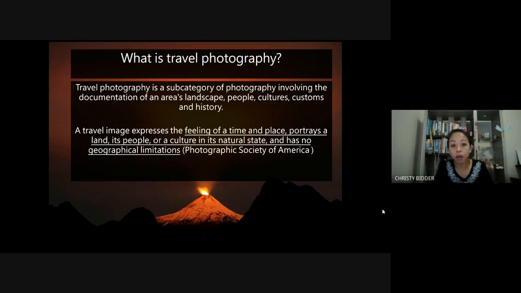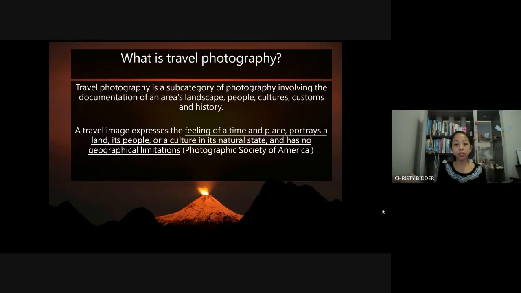According to the Photographic Society of America, a travel image expresses, I love what they say, the feeling of a time and place, portrays a land, its people, or culture in its natural state, so not staged culture, and has no geographical limitations.